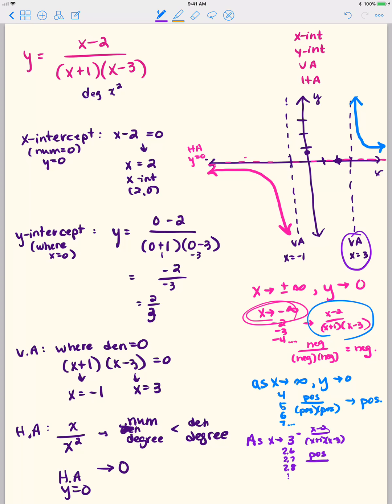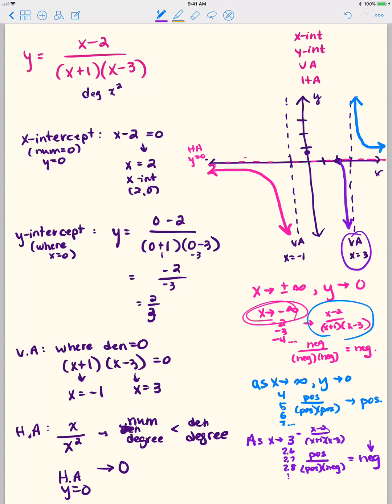The bottom, 2.6 plus 1, 2.7 plus 1, 2.8, the left piece will be positive, but the right piece, the x minus 3, is going to be negative. So in that region, as the x value tries to approach 3 from the left, the function values end up being negative. So that means our graph here is going to point down.